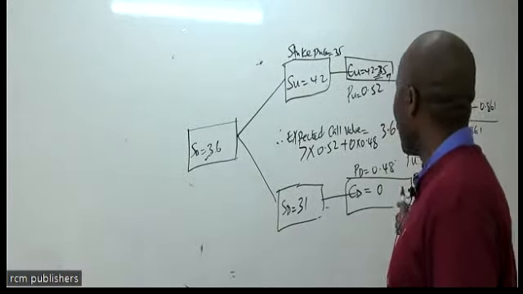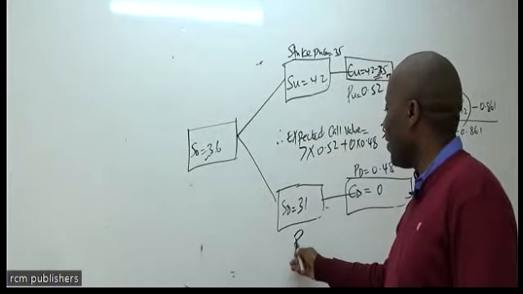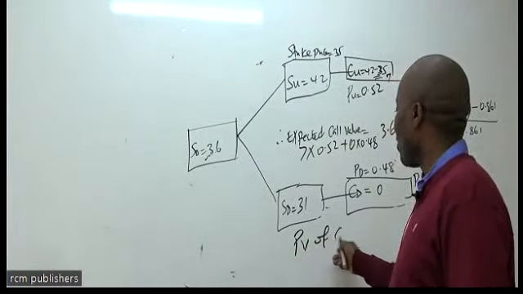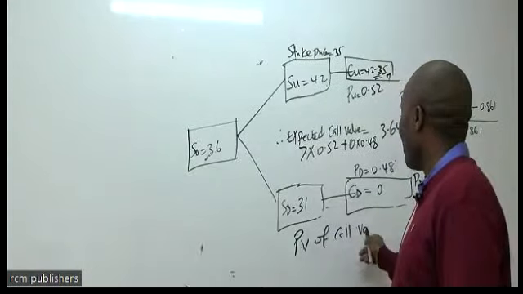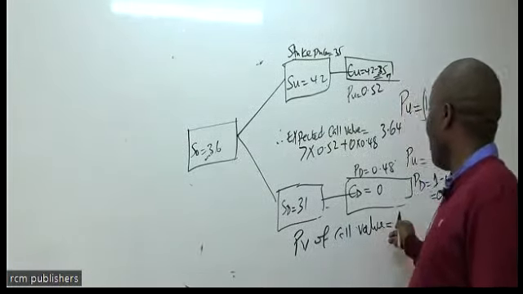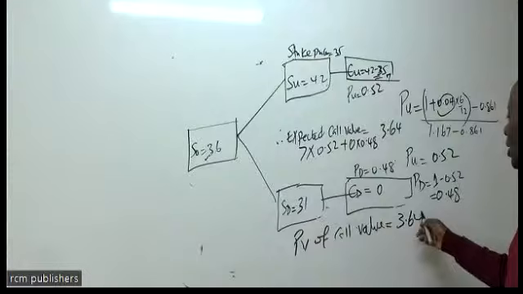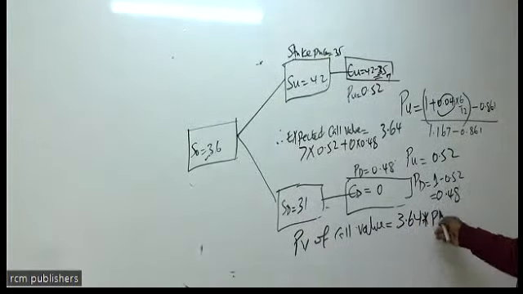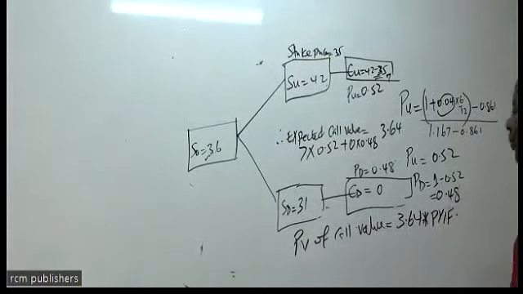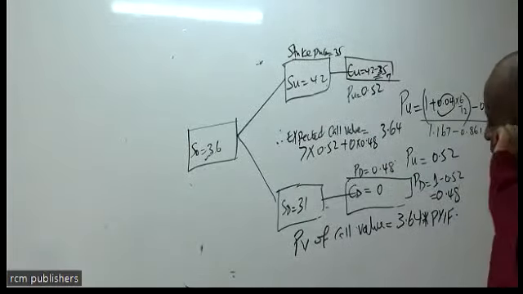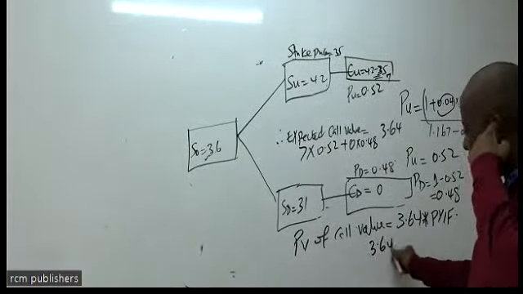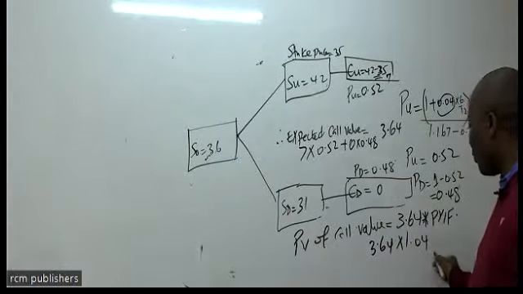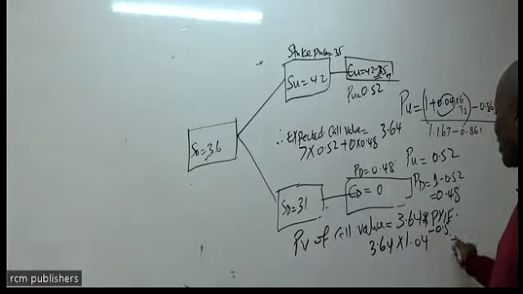So there we are. Come and give us the present value of the call value. It will be 3.64 times PV, which will be 3.64 times 1.04 raised to negative 0.5, like that.